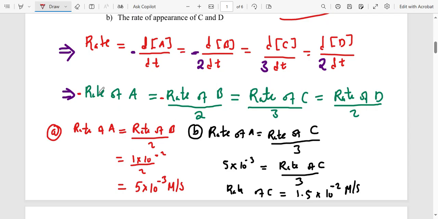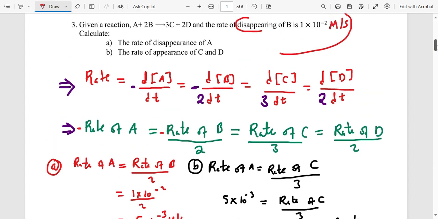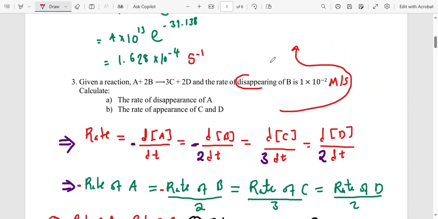If I just say rate of A, I'm attaching a negative because I don't know if it is rate of appearance or disappearance. So for the reactants, I attach a negative. But if I said rate of disappearance, just the word disappear means that this number carries a negative. So I'll not attach any negative there. I hope you get the language, all right?